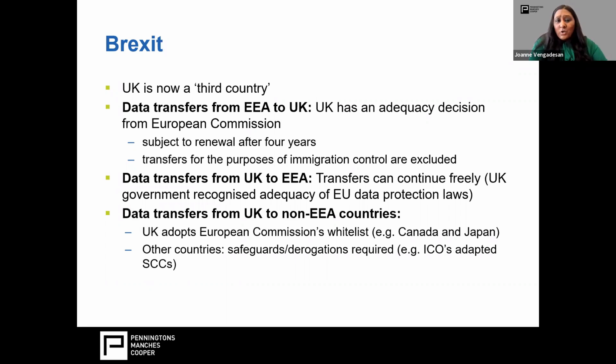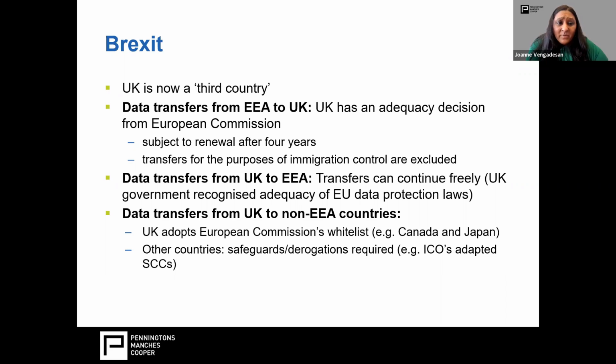So just a note on Brexit, and also I think within this I'll mention international data transfers. The UK is now a third country from an EU perspective. Data transfers between the UK and the EU are generally able to occur freely, aside from some particular requirements that will apply in relation to transfers for the purposes of immigration control, where further insight might be needed.